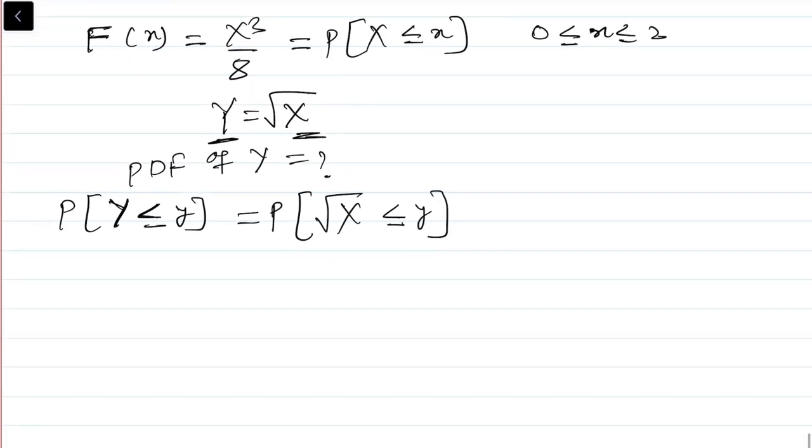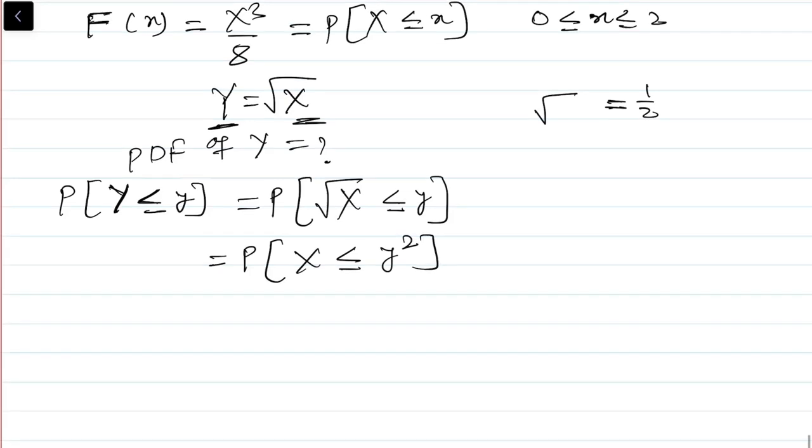All right, now we can remove this square root. So we can square on both sides, then this will become x is less than or equal to y square.